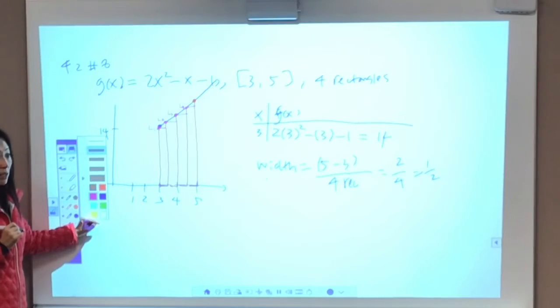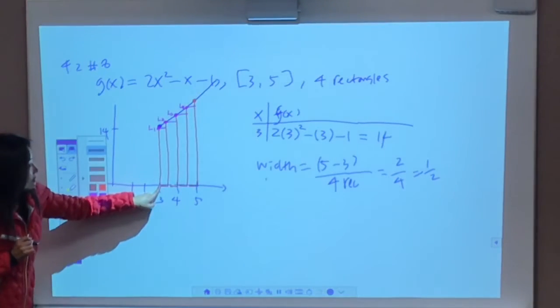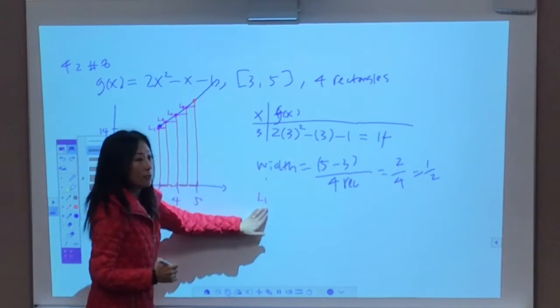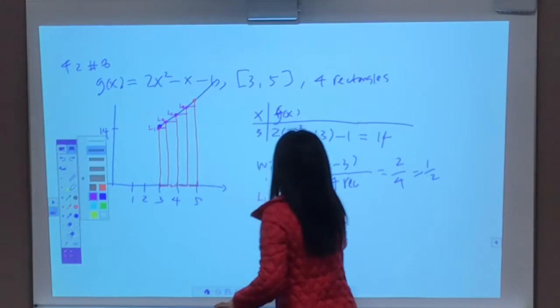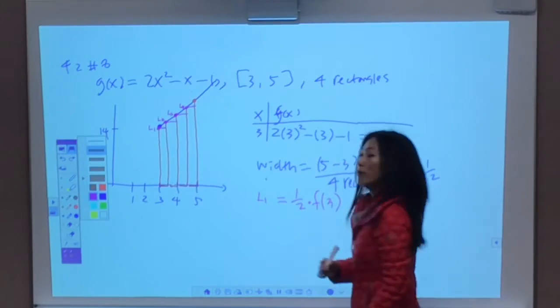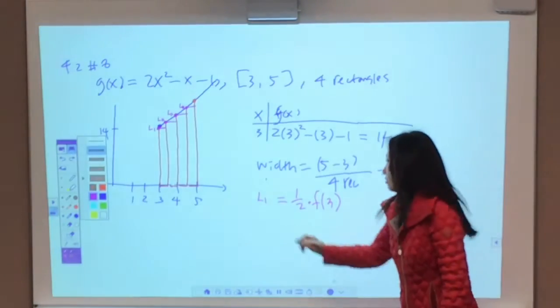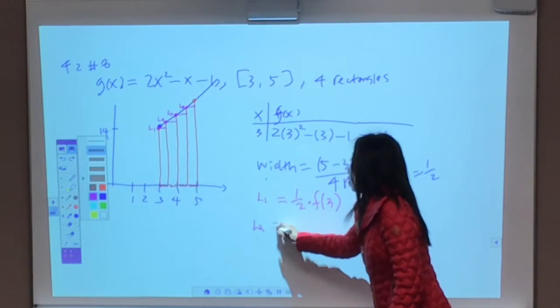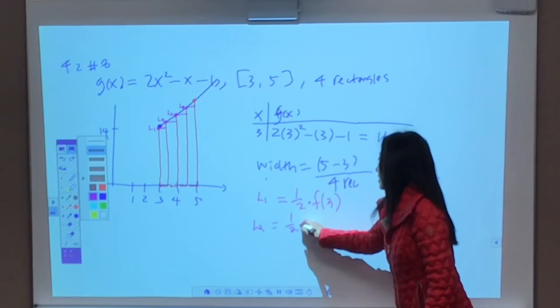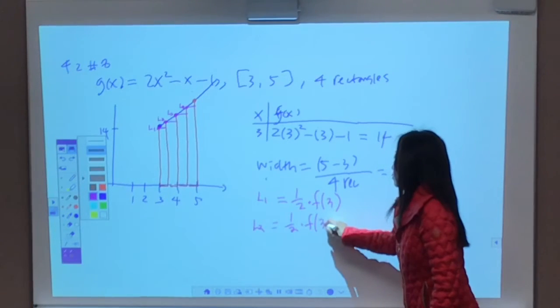Are you with me? So what's the number you're using? For the very first lower one, I'm using what? 1/2 times f of which number? 3. What's my second lower rectangle? 1/2 times f of what? 3.5.